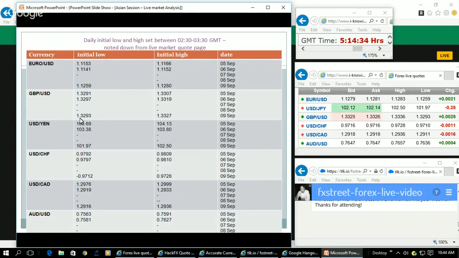In the case of GBP, they have been trading around the 1.3291 level and came down to 32.93, the same level. Even though they went up to 1.34, they did not sustain there.